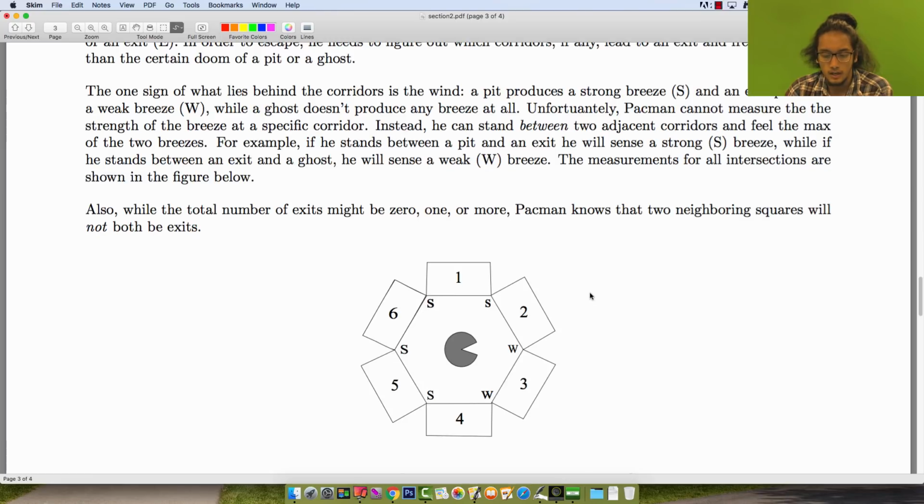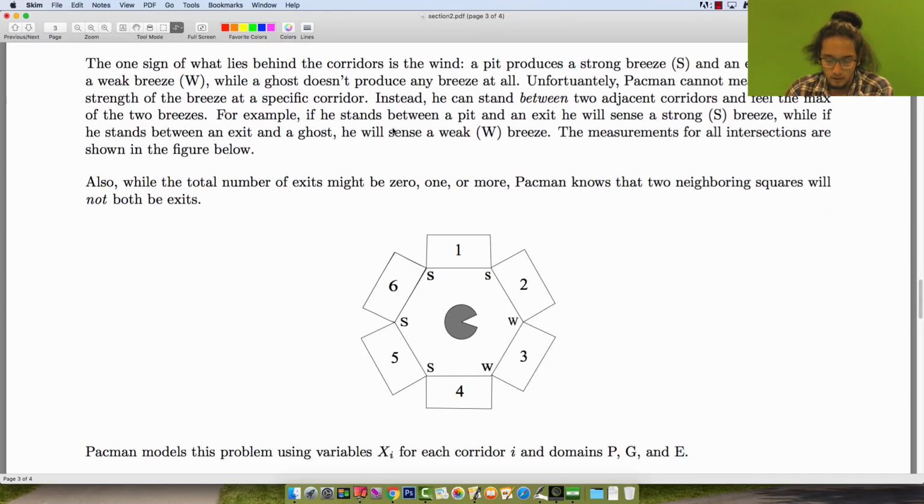And the idea is that you can get information about what is behind these doors based on what kind of breeze is blowing at the intersection of these doors. In particular, a pit produces a strong breeze, an exit produces a weak breeze, and a ghost does not produce any breeze at all.